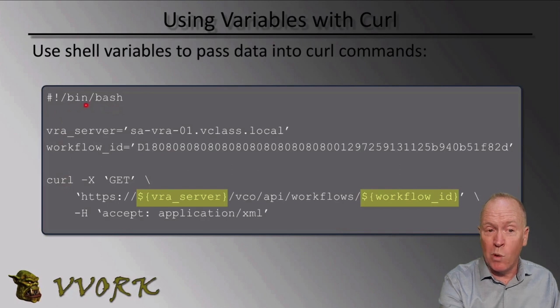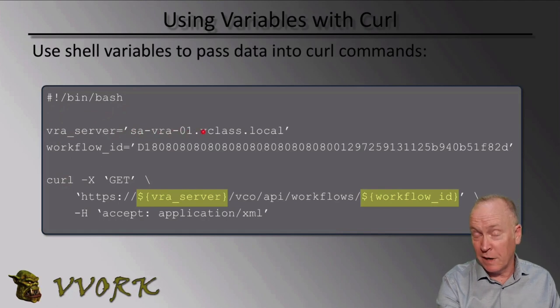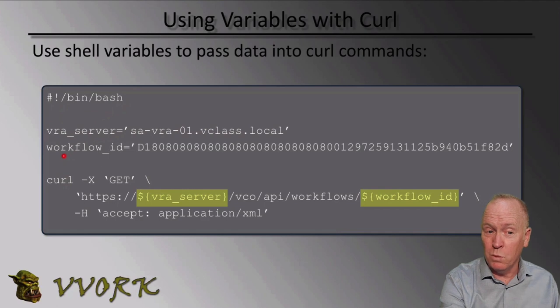So in this Bash script, I'm setting up a variable called VRA_server. I'm saying its value is equal to sa-vra-01.vclass.local. And I'm setting up another variable saying workflow_ID equals, and then whatever the workflow ID may be.